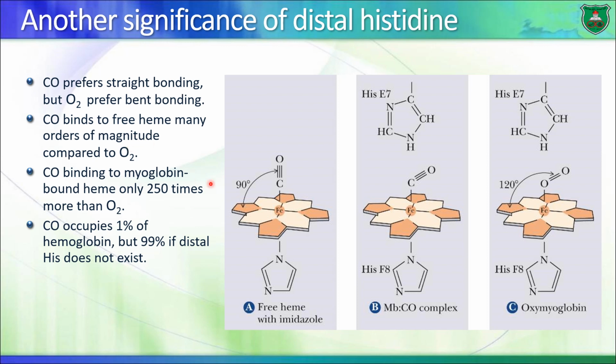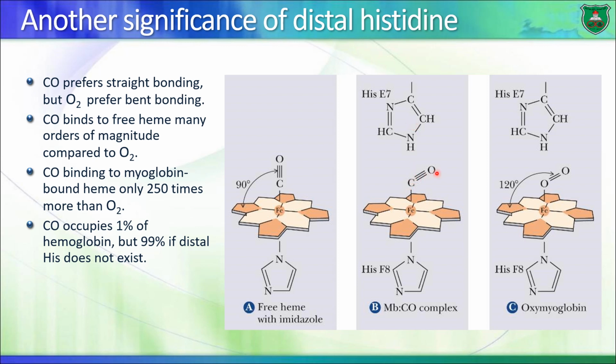Now what happens is that, and usually carbon monoxide, by the way, binds to molecules, and it likes to be kept in a straight position. But what happens is that because heme is part of the myoglobin molecule, and because it overlooks the histidine, the distal histidine, there is repulsion that is created between carbon monoxide and the distal histidine.